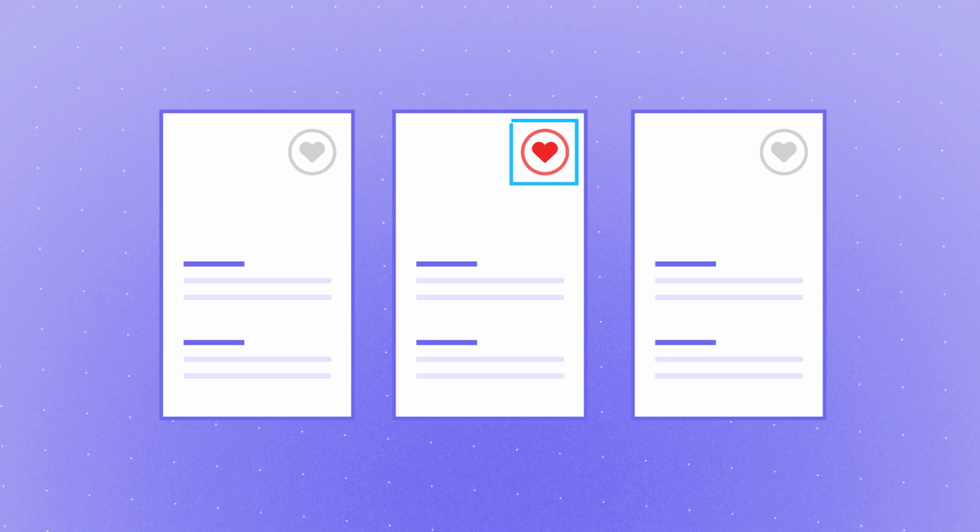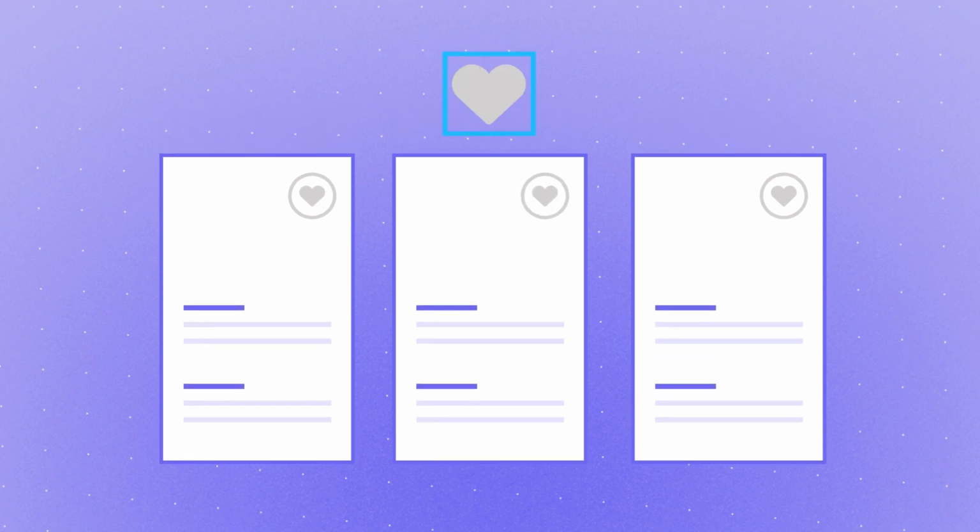And when should you actually use this? Components are most useful when you have many repetitions of a single icon, for example, or a button. If you have 100 different screens and in each of these different screens you have a like button, imagine if you want to change the color of this button. Instead of going to change it individually, you can just change it once with the component.